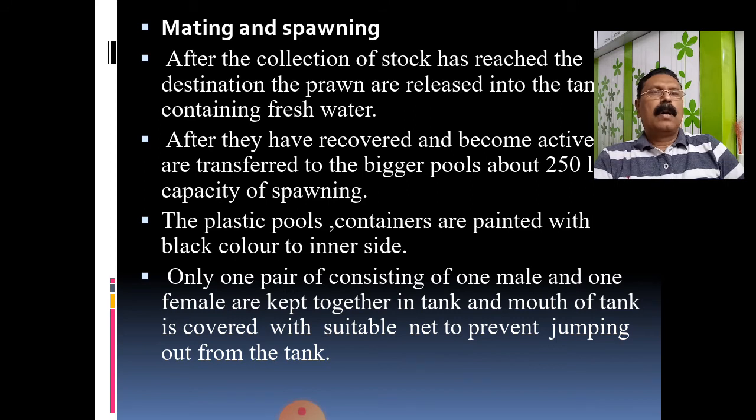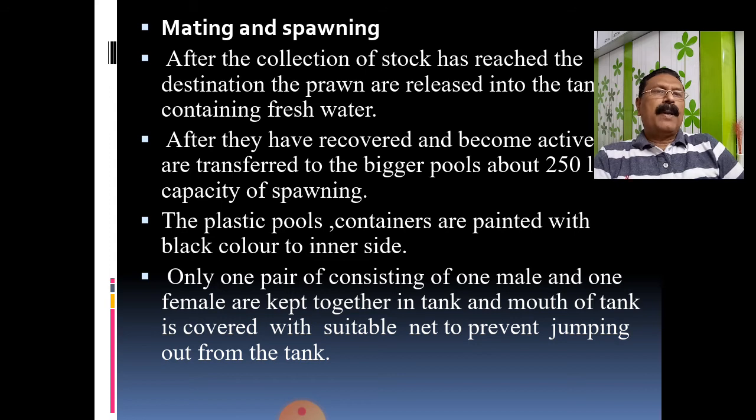Here also, at the time of spawning, it should have a container with more than 250 liter capacity, applied with black color to create a calm and quiet atmosphere in that container for the purpose of spawning. You can also use plastic pools, and those plastic pools should have dark color, black color, on the inner side.